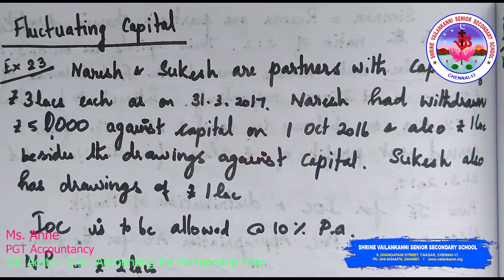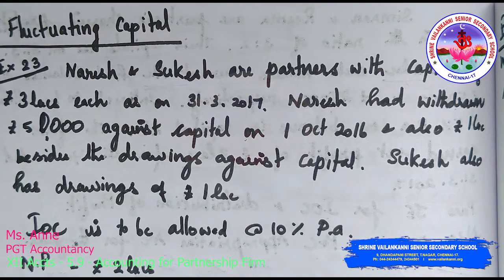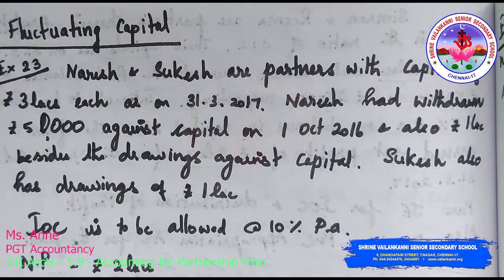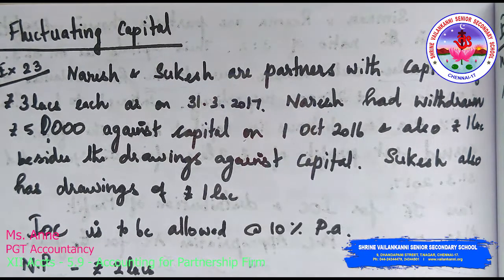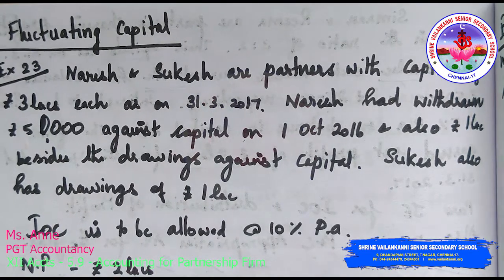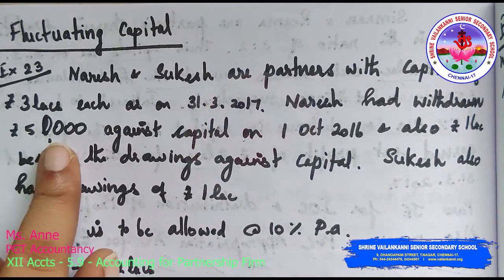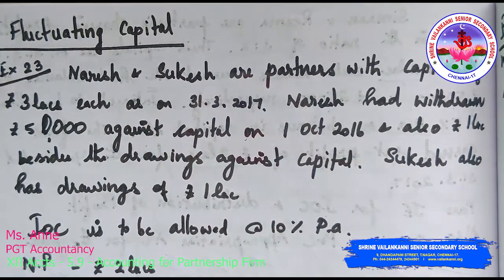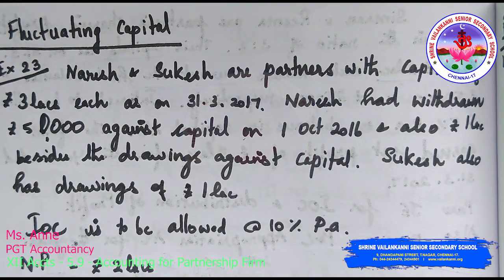Exercise 23. Pause the problem, copy it down if you do not have it in your textbook. Naresh and Sukesh are partners with capitals of rupees 3 lakhs each as on 31/3/2017. Naresh had withdrawn rupees 50,000 against capital on 1st October 2016, and also rupees 1 lakh besides the drawings against capital.